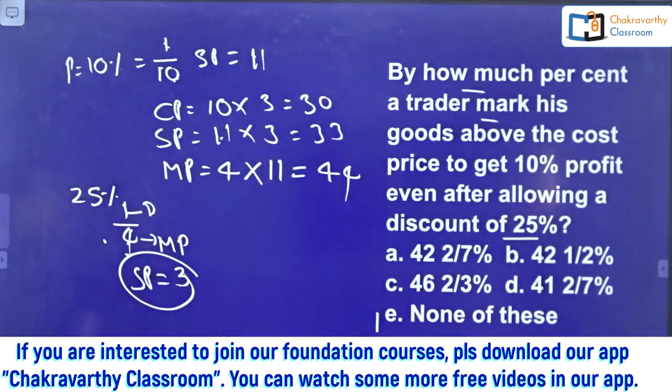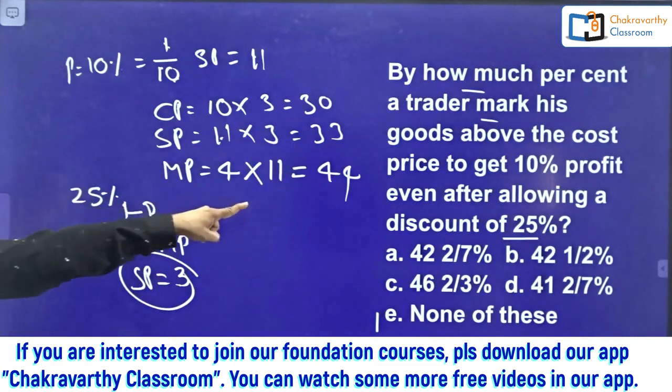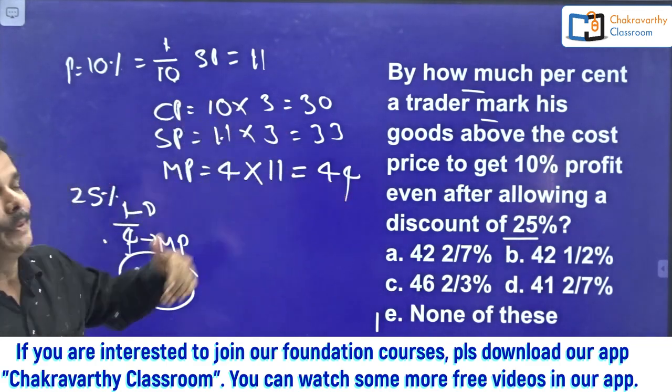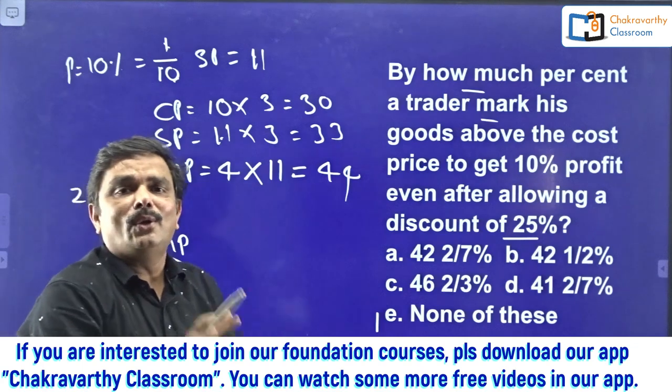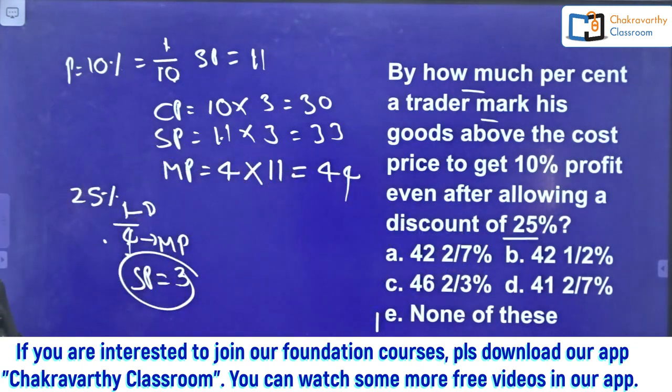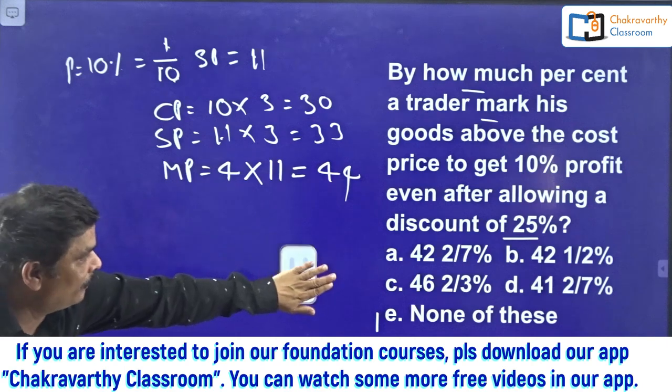Based on these figures, you have to answer the question. These are imaginary numbers according to the given percentages in the question. Finally, the actual number given in the question must be matched with the imaginary numbers. But before going for that, students, if you want to go with the conventional way, what is that?